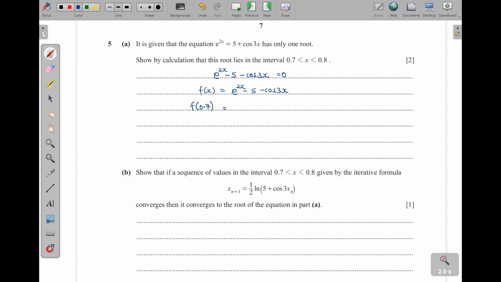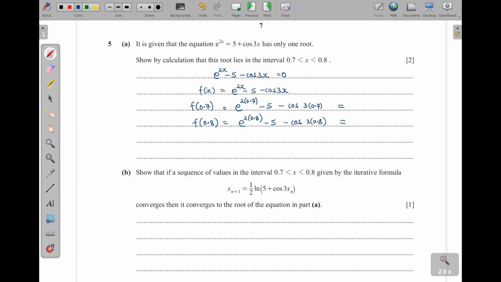So substitute in here, you get e to the power of 2 times 0.7, then minus 5, then minus cosine of 3 times 0.7. And when you substitute this one, since we have a trigonometric function in there, you must put your calculator in radians. So how about 0.8? We shall have e to the power of 2 times 0.8, then minus 5, then minus cosine of 3 times 0.8.